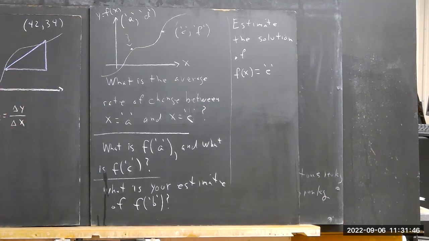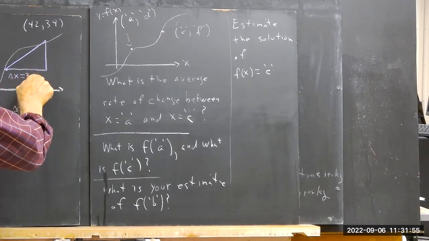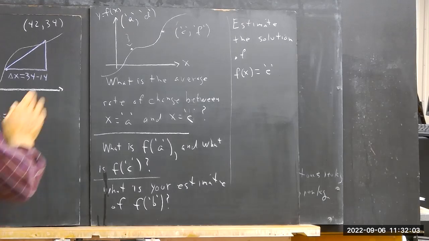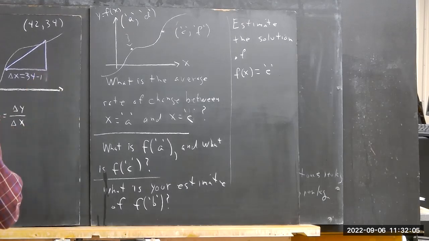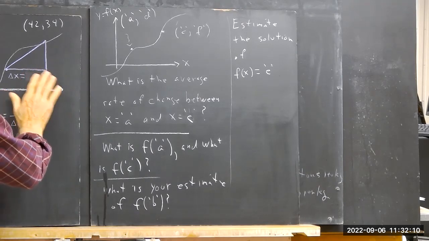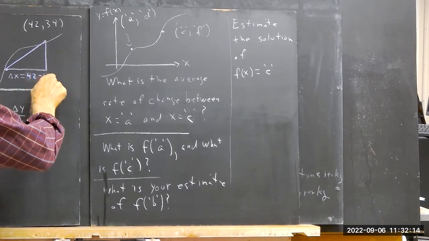We call this the change in x. Is 42 minus 12.